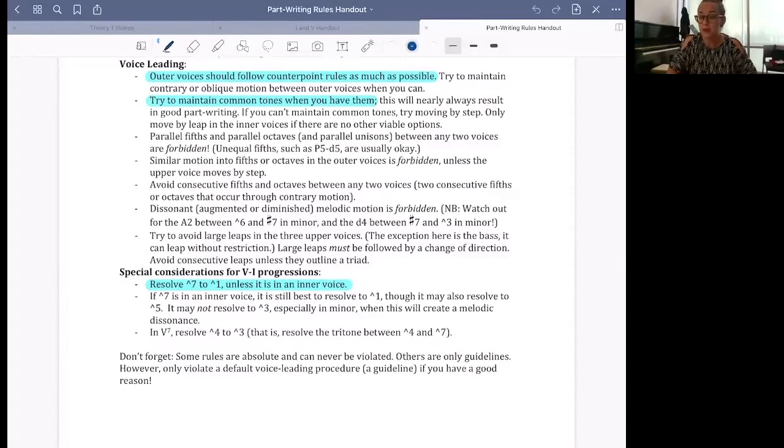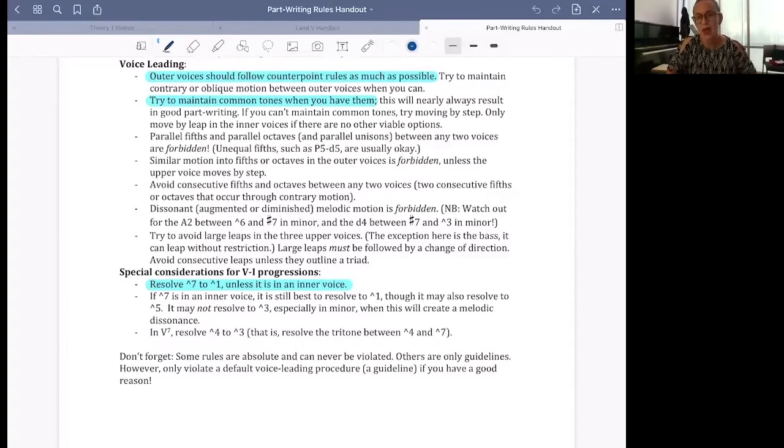So if you remember that counterpoint in context video where we reduced a couple of pieces of Brahms and some excerpts from the Goldberg Variations, we kind of whittled them down to form a backbone that exhibited good counterpoint. That's what you really ultimately want from your soprano and your bass. You want them to interact with good counterpoint.